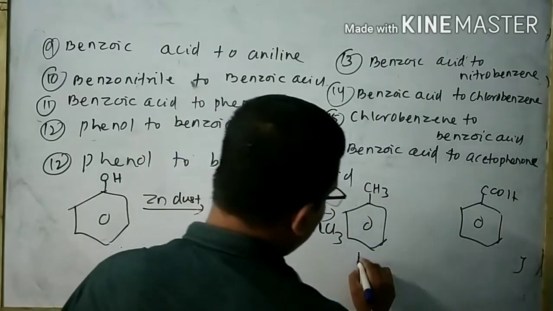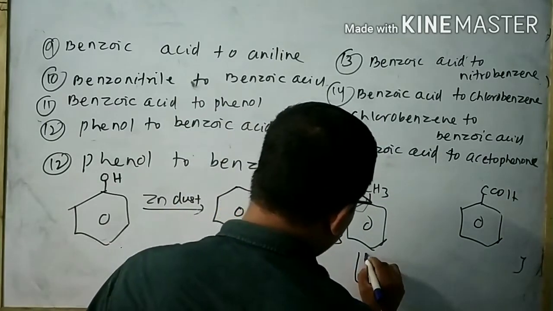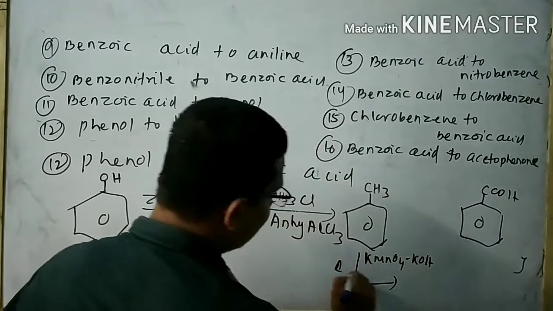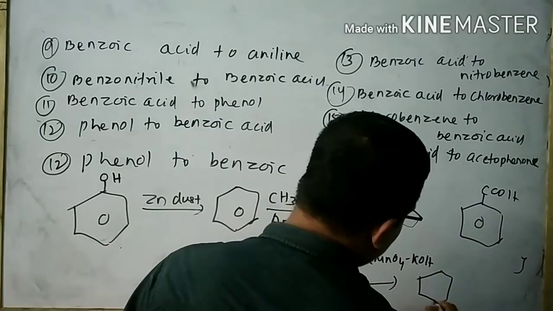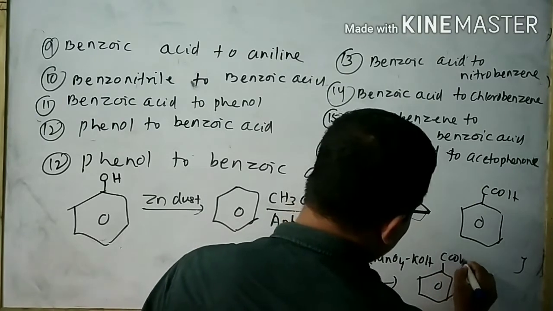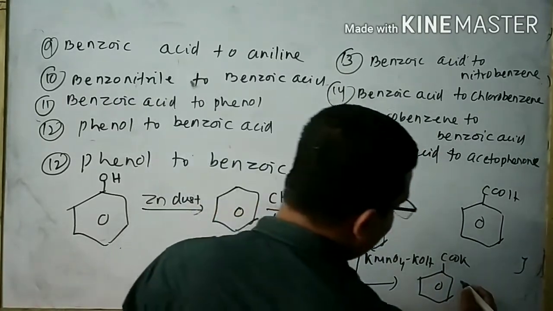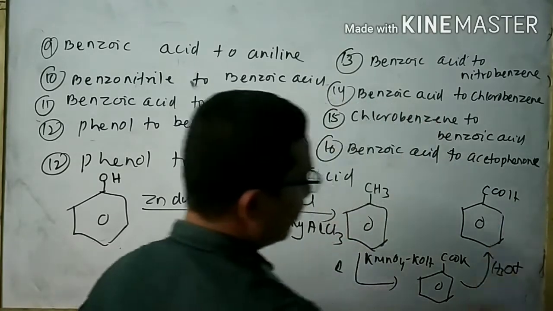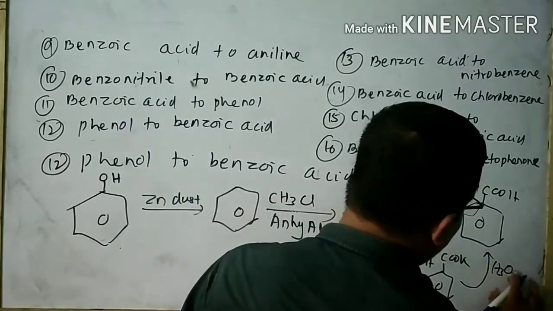Now methyl benzene is subjected to oxidation with alkaline KMnO4. Heat is given. Then potassium salt of benzoic acid is formed. Now potassium salt of benzoic acid is subjected to acid hydrolysis, then benzoic acid is formed.